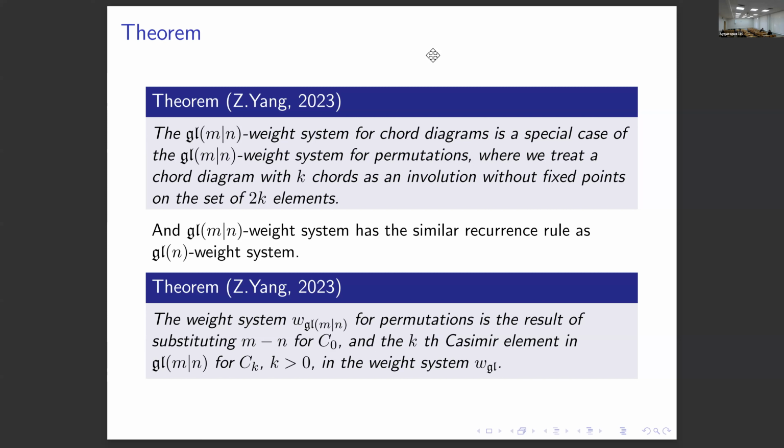More questions, please, and comments. The weight system in gl(m|n) is basically the weight system in gl(n). It's very strongly related to gl(n). Was it something that was predictable or not really? No, it was surprising.